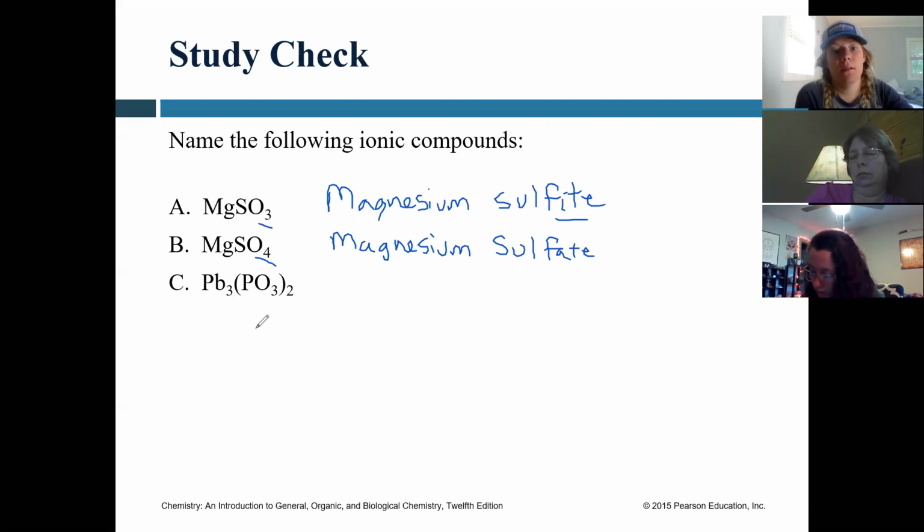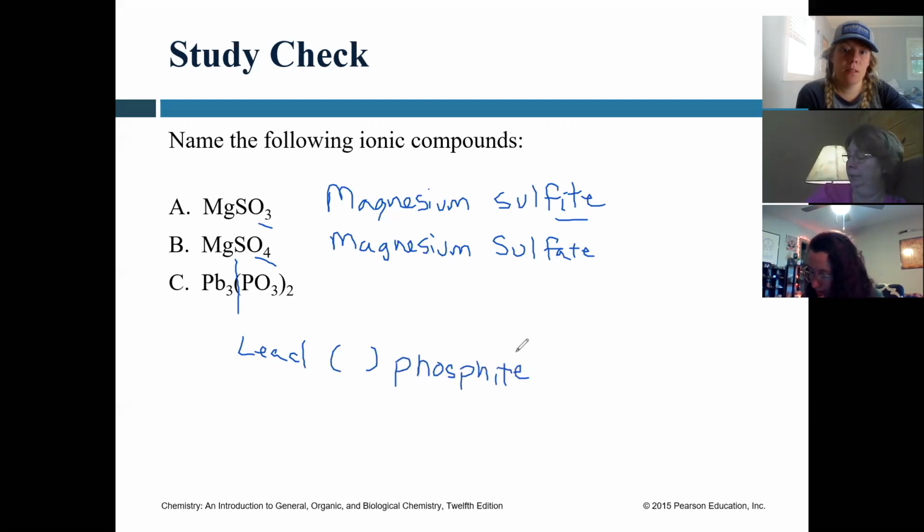This one here, we've got Pb3(PO3)2. Okay, so this is lead. This is PO3 actually, so this would be phosphite. We need the Roman numeral here.